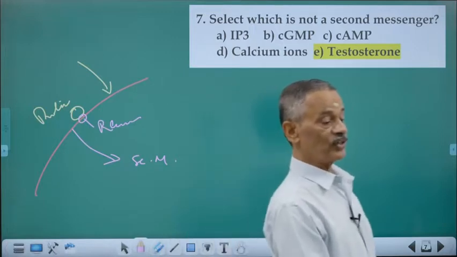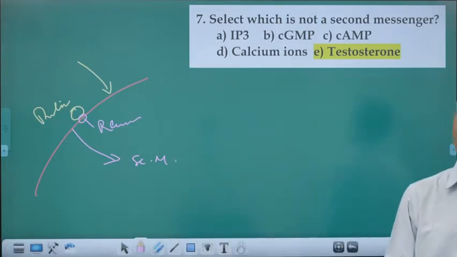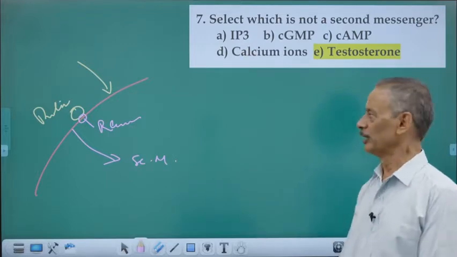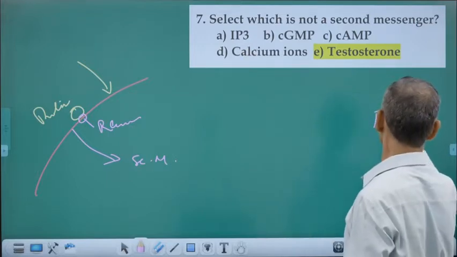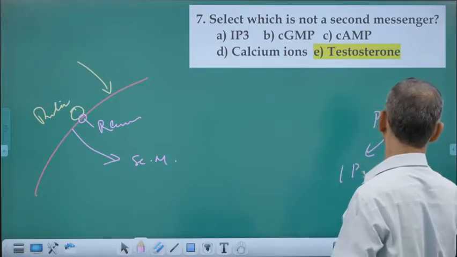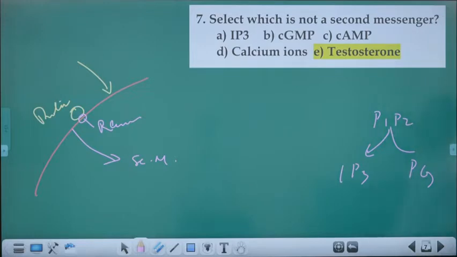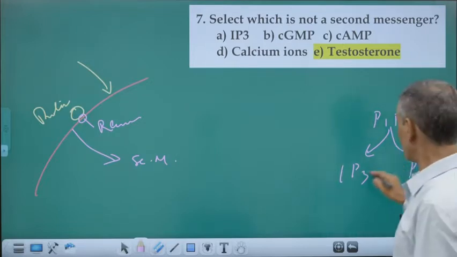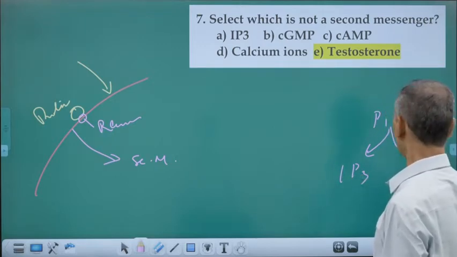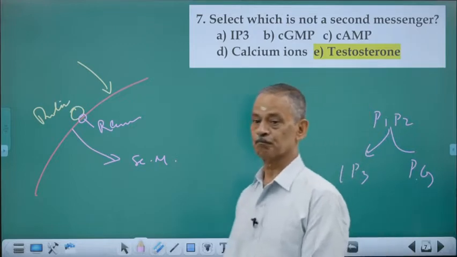Now the plasma membrane will produce secondary messengers. IP3, inositol 3 phosphate. When PIP2 is split, it will be producing IP3 and DAG. Phosphatidylinositol 4,5 bisphosphate splits into IP3, inositol 3 phosphate, and diacylglycerol.